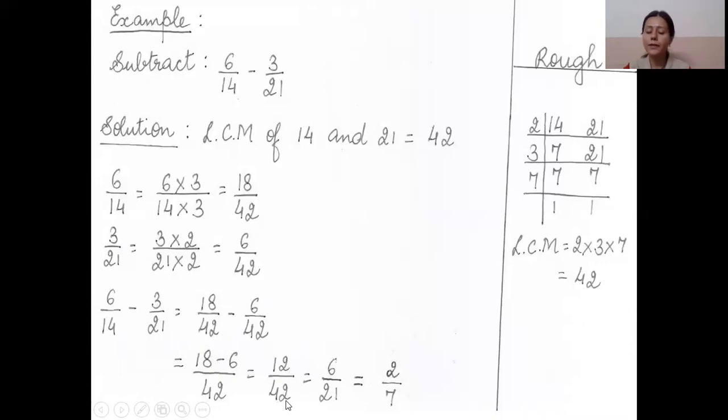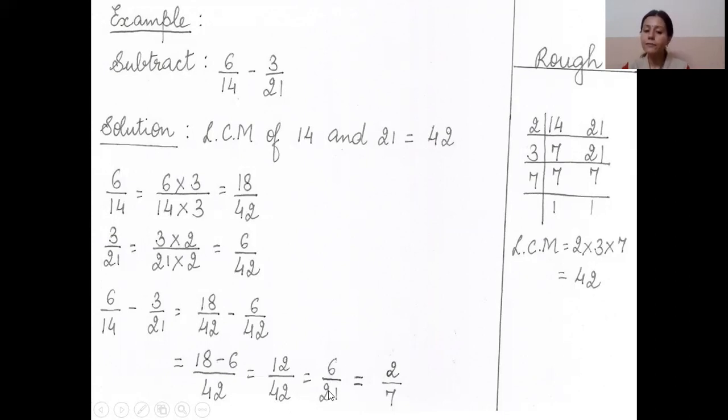Now 12 upon 42, you can reduce it to the lowest term. Both 12 and 42 are divisible by which number? 2. 2 sixes are 12 and 2 into 21 is 42. Now again 6 and 21, both these numbers are divisible by 3. 3 twos are 6 and 3 sevens are 21. So 12 upon 42 is equal to 2 upon 7.